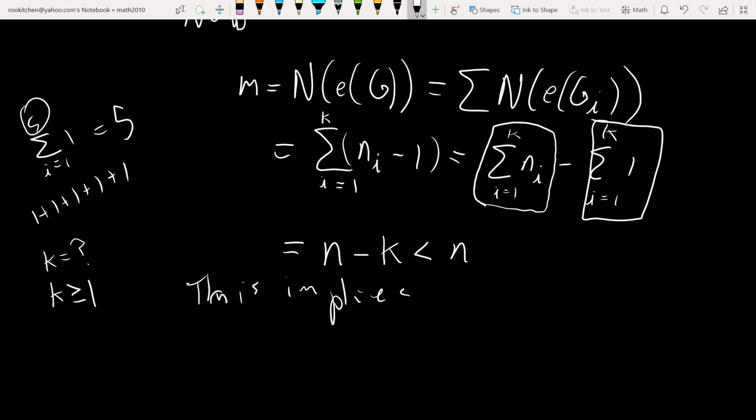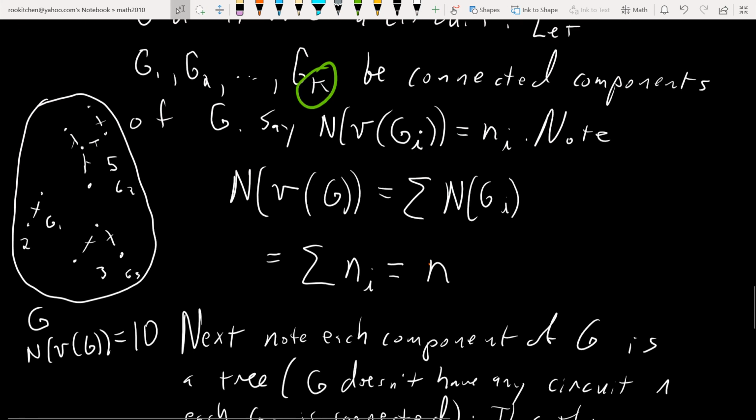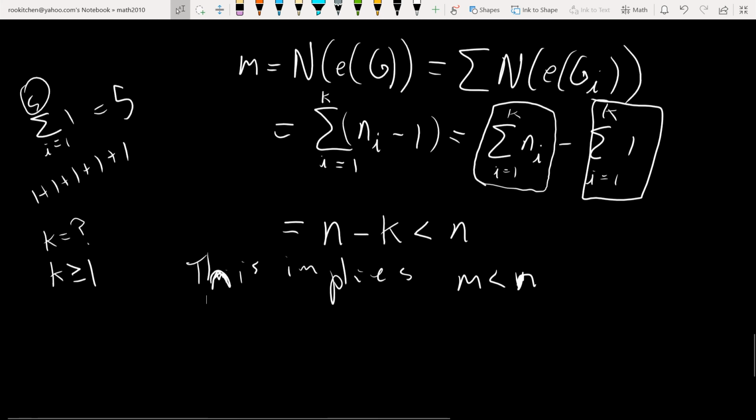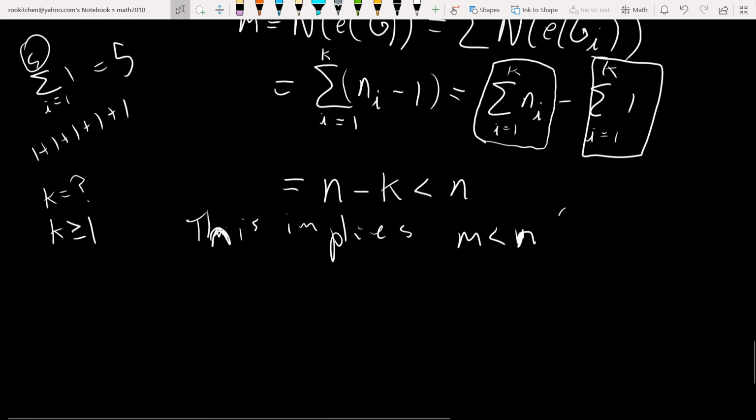implies that m is actually less than n, which is a contradiction. If you look back at our initial supposition, we said m is greater than or equal to n.